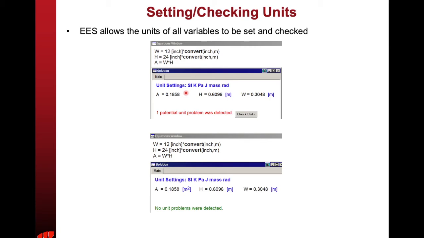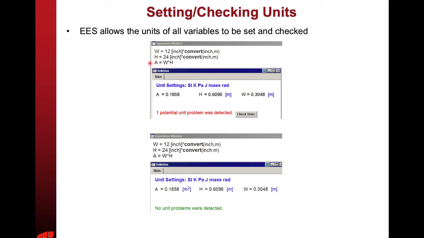So EES says, hey, Dress, slow down, man. Your height is in meters, your width is in meters, and if you multiply it, now EES doesn't know what A is, right? EES doesn't know what this equation means, but what EES does know is that you're multiplying meters times meters. So if this is meters times meters, this had better be meters squared, right?